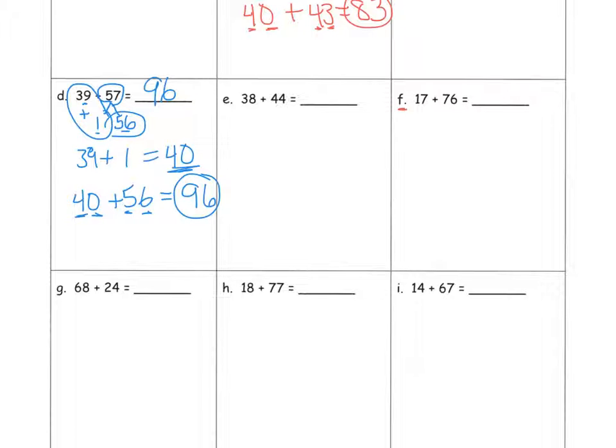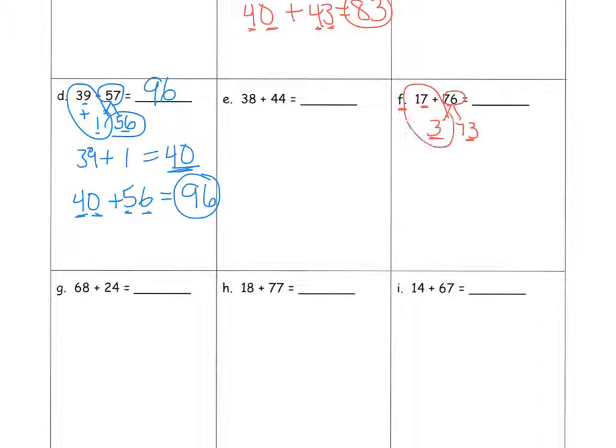For F, I have 17 and 76. I'm looking at the 7. I need to get 3 from it. And I'm left with 73 there. Because 3 plus 73 will give me 76.